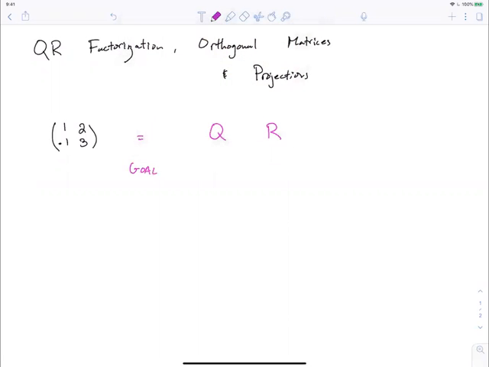So this R right here is going to be upper triangular. And this Q is going to be what we're going to call an orthogonal matrix.